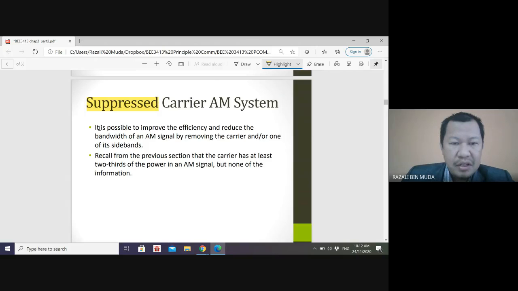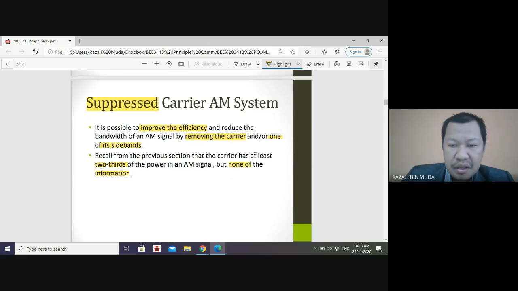It is possible to improve the efficiency and reduce the bandwidth of AM signal by removing the carrier, or one of its sidebands. Recall from the previous section that the carrier has at least 2/3 of the power in the AM signal, but none of the information.